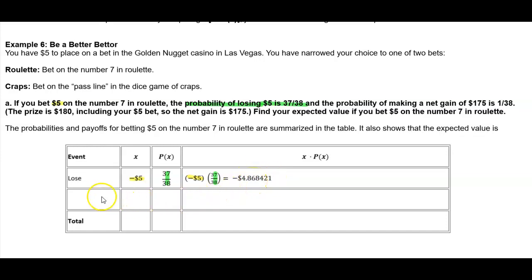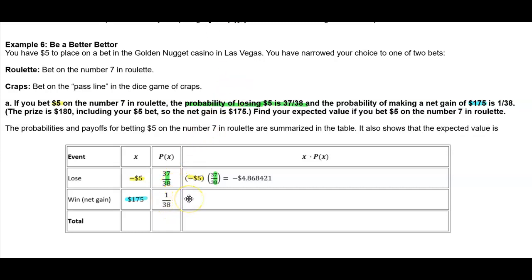Okay. Now, the next event is winning, the net gain. Well, what's the net gain if you win? Well, if you win, the net gain is what amount? Well, that amount is 175. So if you win, that means you get 175. And what is the probability of winning?